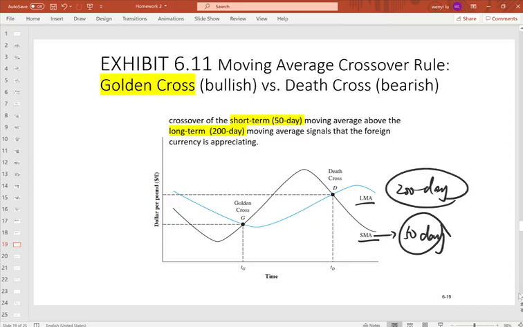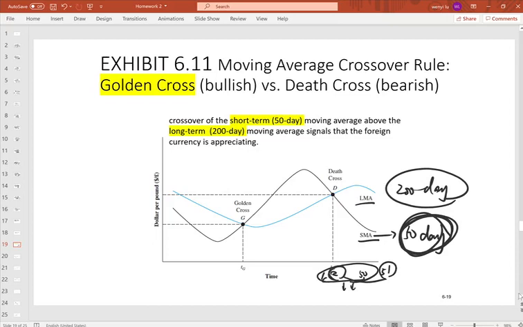So what's the difference? For any continuous 50 days, we calculate the average price. From day 1 to day 50, we calculate the average. Then from the second day to the 51st day, we calculate another average price.